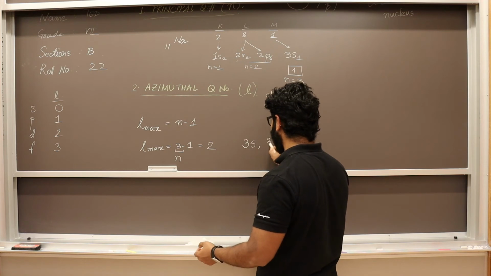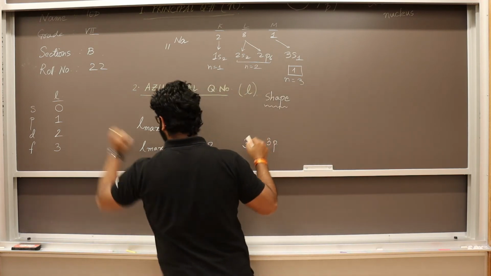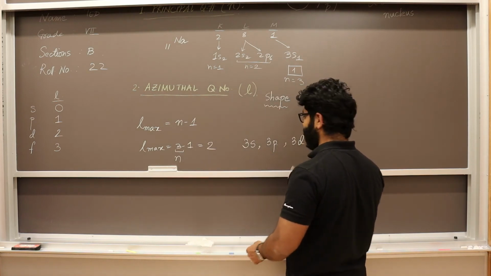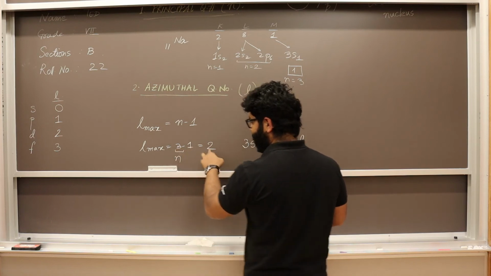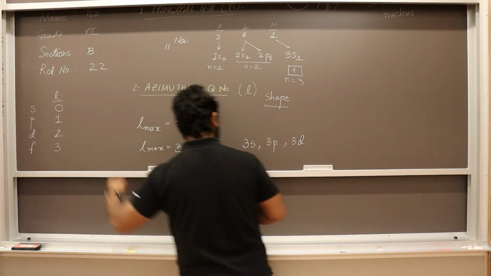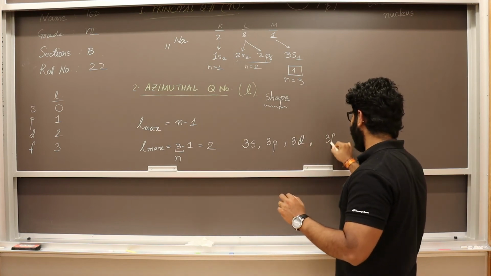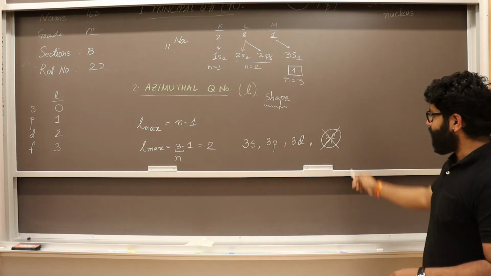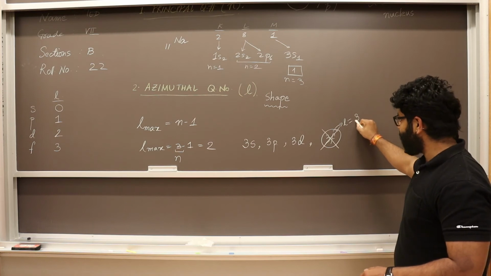You can also have a 3p, because for p the L is 1. You can have a 3d, because the L max for 3 is 2 and L is 2 for d, right? But you cannot have a 3f. Why? Because for f, the L becomes 3.